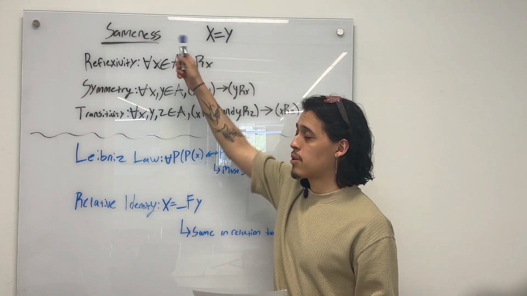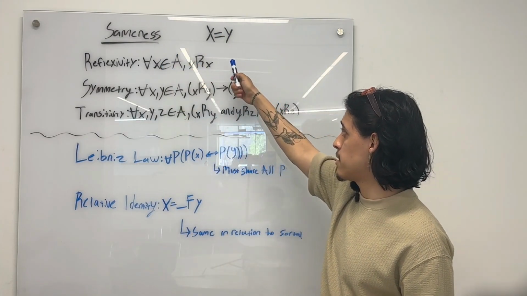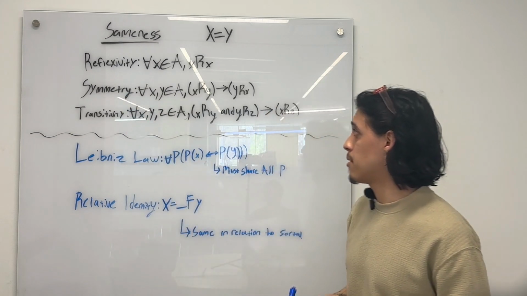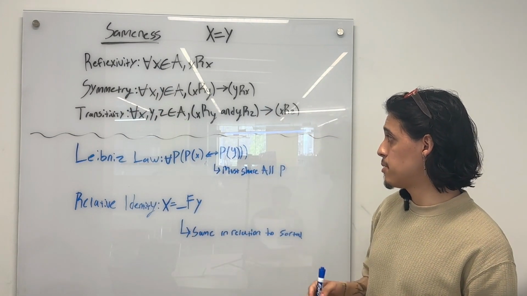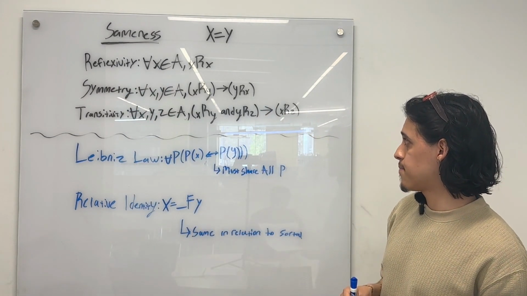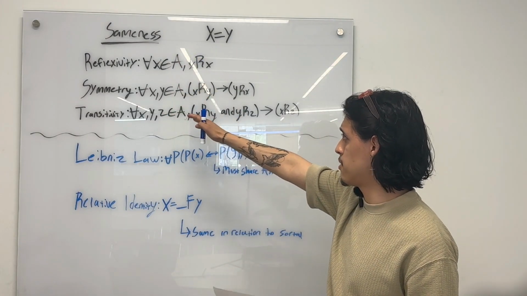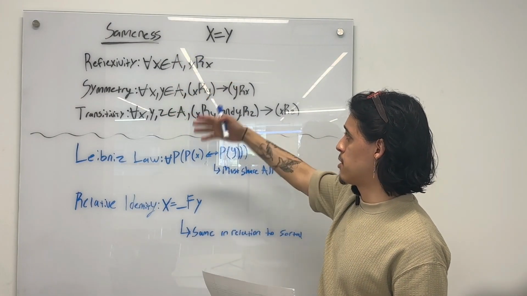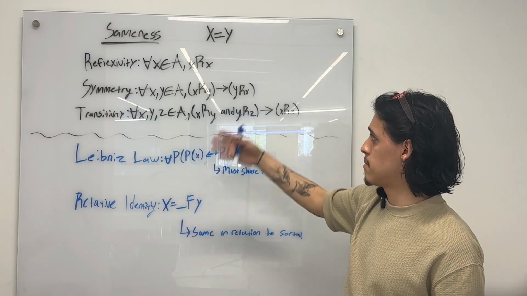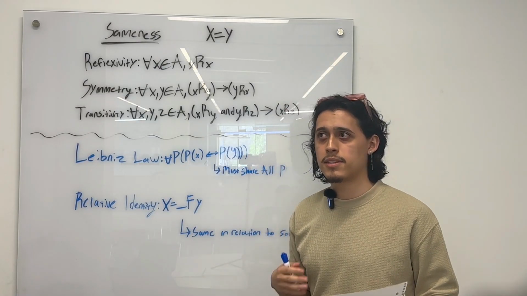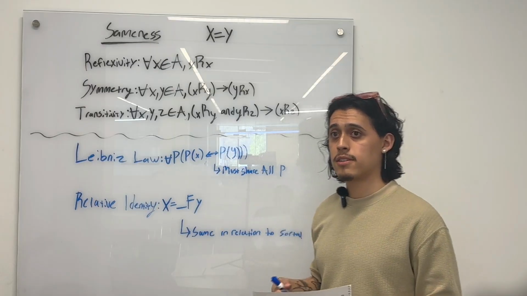But all that's required for a sameness relation, X equals Y, are these three principles here: reflexivity, symmetry, and transitivity. These are the formal versions, and if you want to pause it and copy and paste it into Google or something to see the formalized version, I put it there for you.